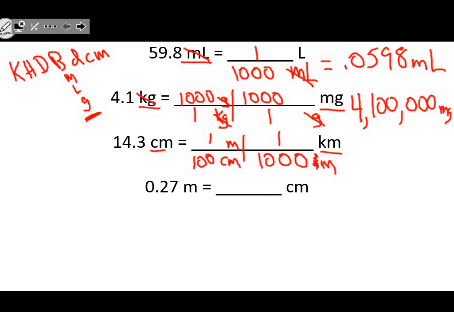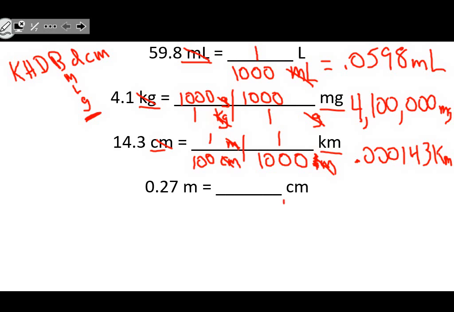So meters. All right, units cancel. We're left with kilometers. So it's 14.3 divided by 100 divided by 1,000. My calculator work today. 0.000143 kilometers.